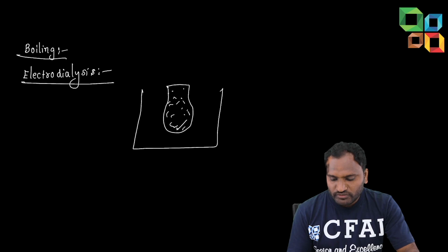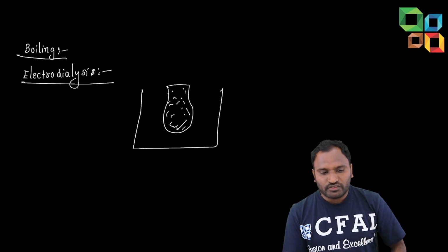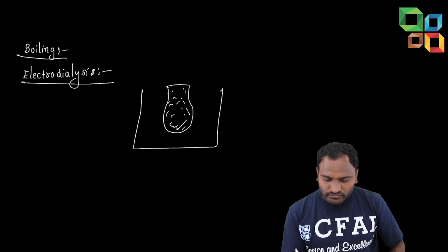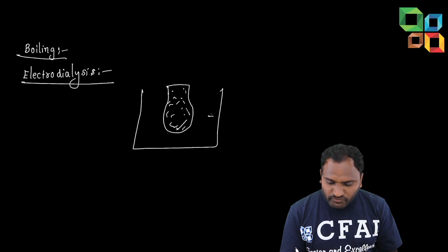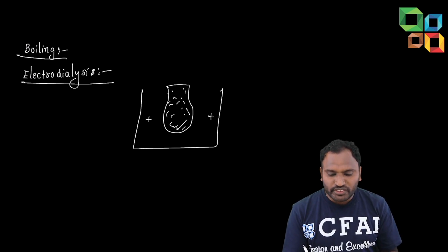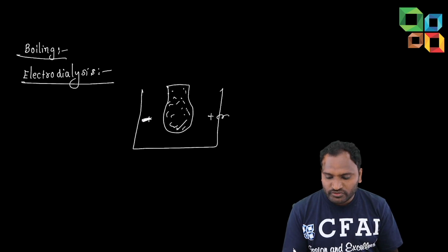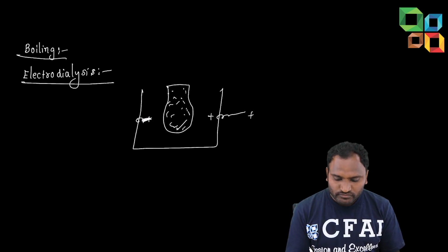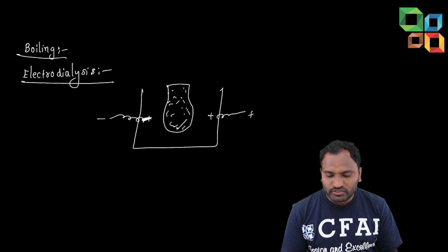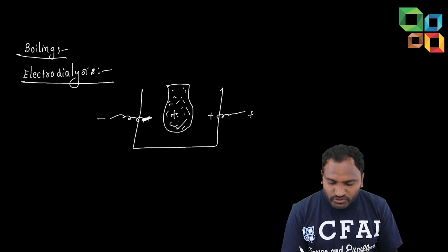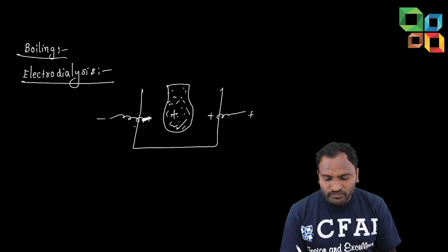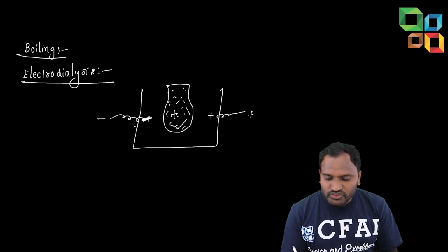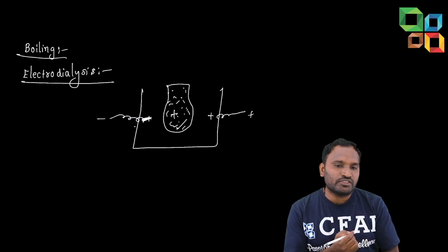It allows only solvent particles, not solute particles. In electrodialysis, we use electricity, so we keep positive and negative electrodes. When these colloidal particles carry positive charge, they move towards the negatively charged electrode. If they carry negative charge, they move towards the positively charged electrode.